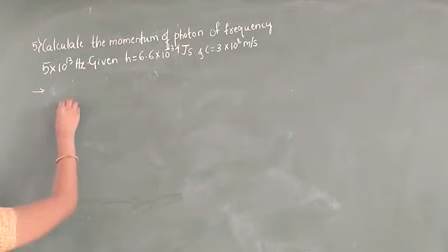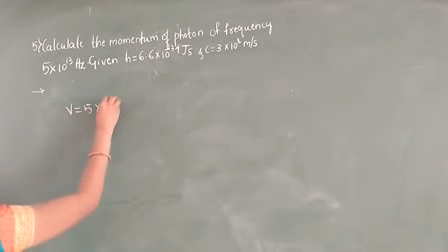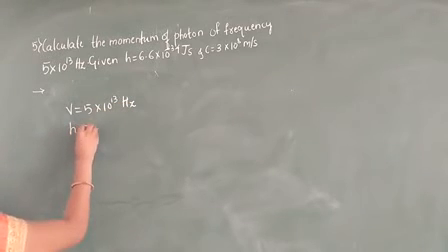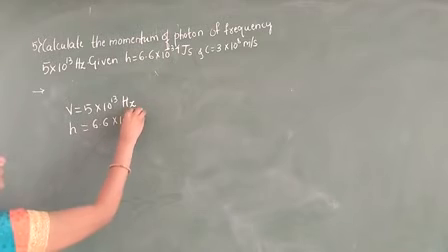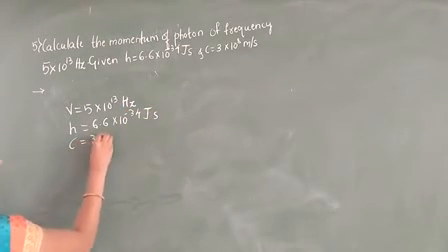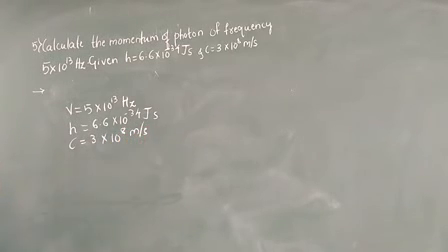Now first write all the given terms. They have given the frequency v is equal to 5 into 10 raised to 13 Hz. Next, h is equal to 6.6 into 10 raised to minus 34 joule second, and c is equal to 3 into 10 raised to 8 meter per second. By using this, here we have to find the momentum.